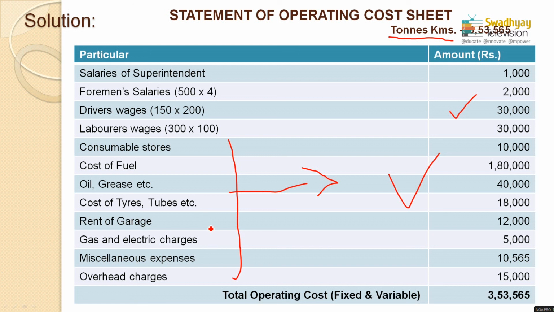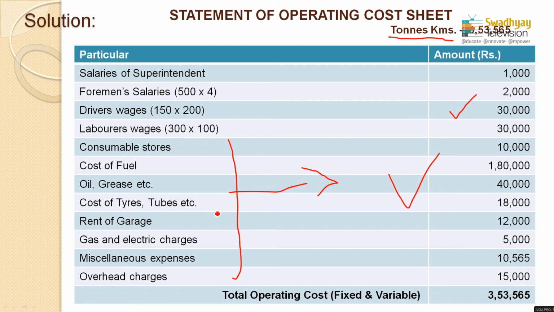Rent of garage, it's a fixed expense. Gas and electric charges, that is also a fixed expense. Miscellaneous is a fixed expense. Overhead charges depend on what type of overhead charges are calculated. On the basis of that, it could be fixed or variable, but if it is not mentioned, you can straight away take it as a fixed expense.